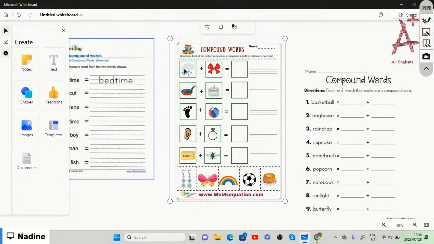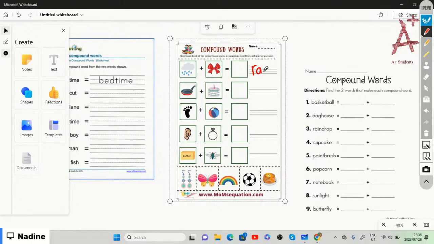So it is rain, right? So we have rain, plus we have a cute little bow. So the two small words are rain plus bow, right? So rain plus bow is then rainbow. So the compound word is rainbow.